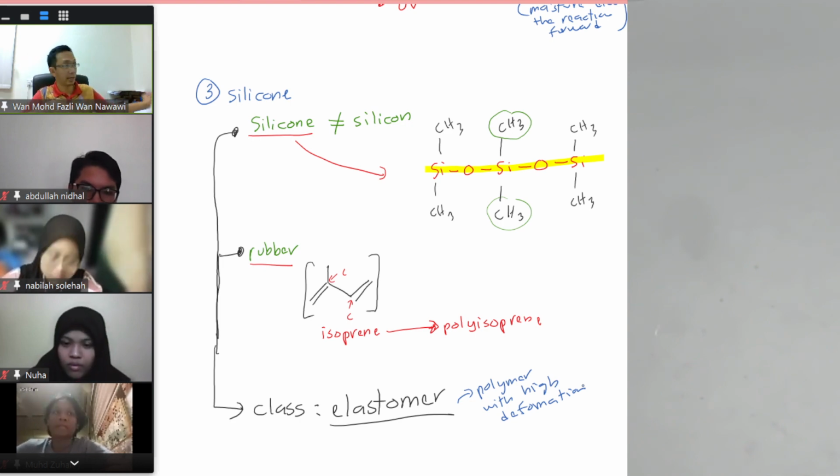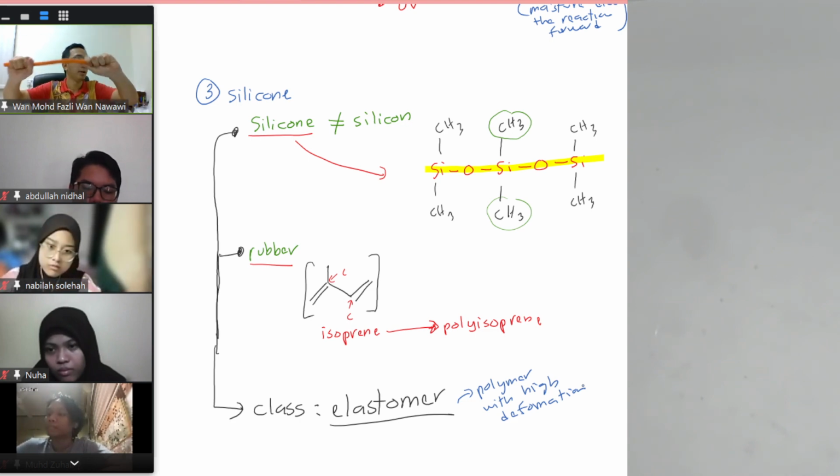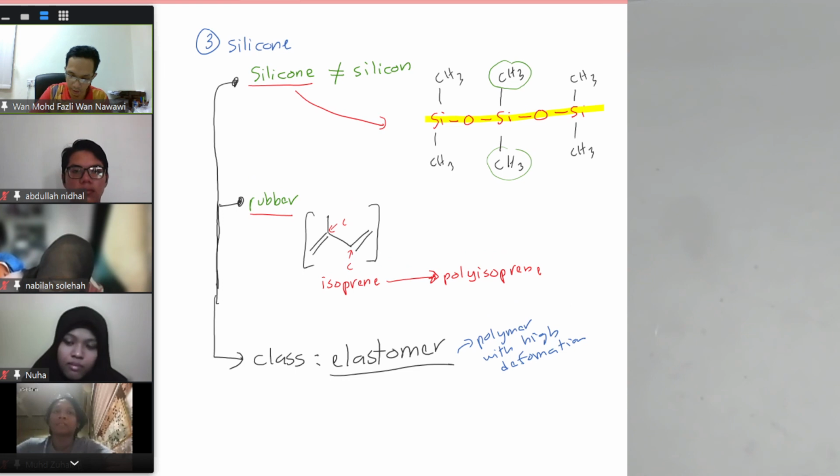For example, normal plastic like polyethylene, you deform it, it just deforms, and then it will not come back to normal. But rubber and silicone have this high deformation, and they can return back to normal. So we call it elastic properties, reversible elastic properties.